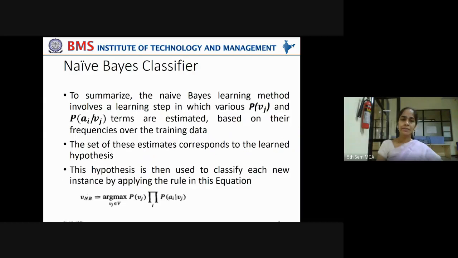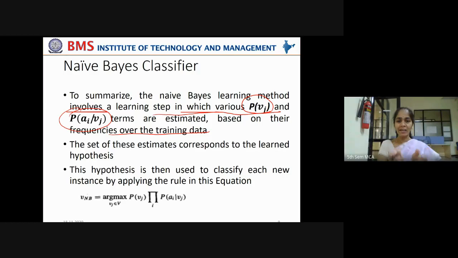Got it? Now, to summarize, the naive-Bayes learning method involves a learning step in which the probability of the outcome label and the probability of the attribute being observed with the outcome label are estimated based on their frequencies over the training data. That is what I said. The more times they occur, the higher the probability.